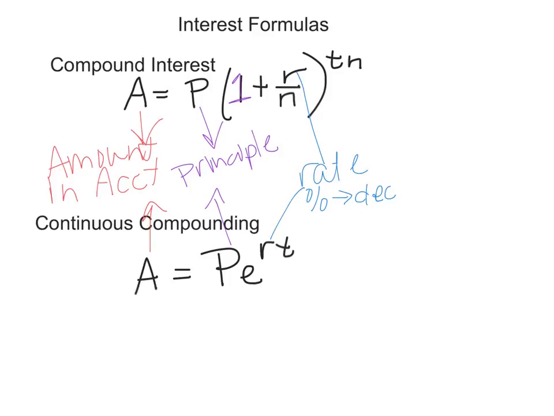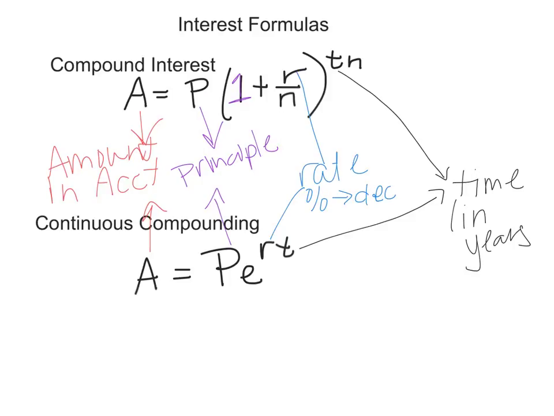Then I have a T over here, and your T value for both of them is time. And specifically in this one, the time is measured in years. So if it says half a year, then you have 0.5. So it has to be in terms of years in order to work this out.